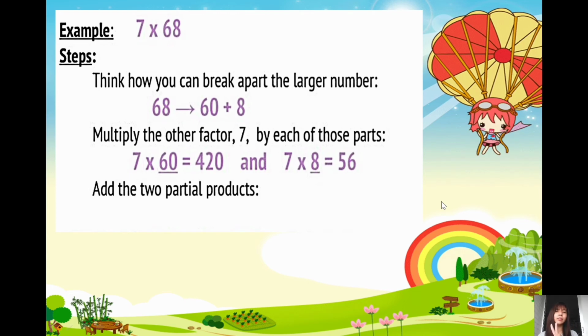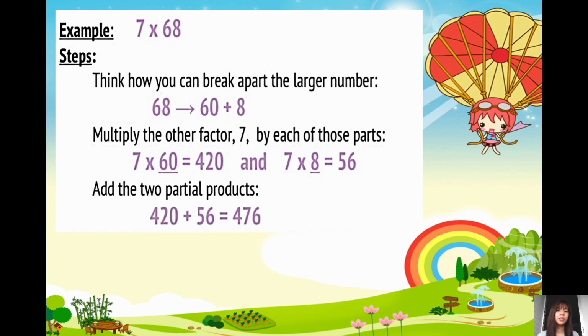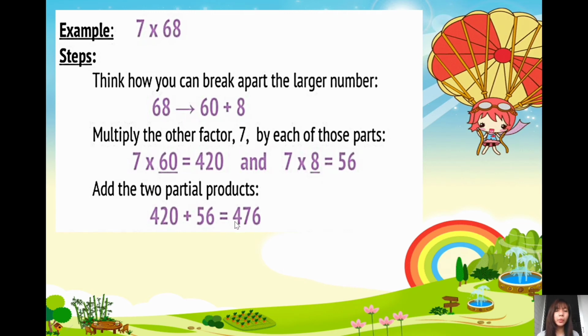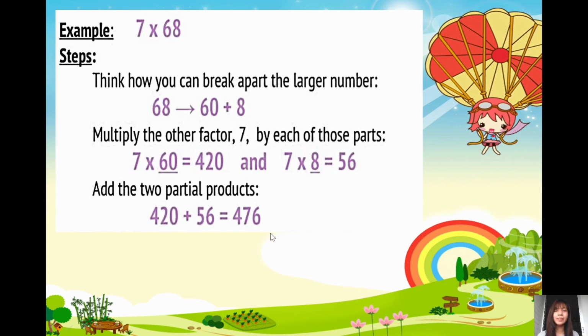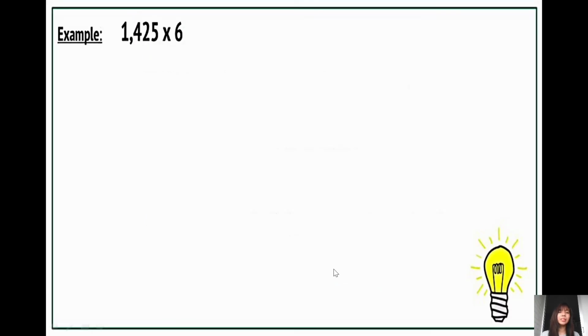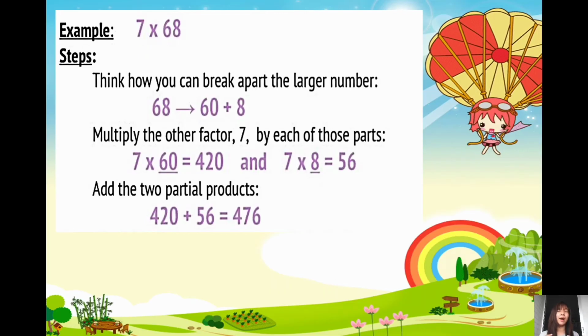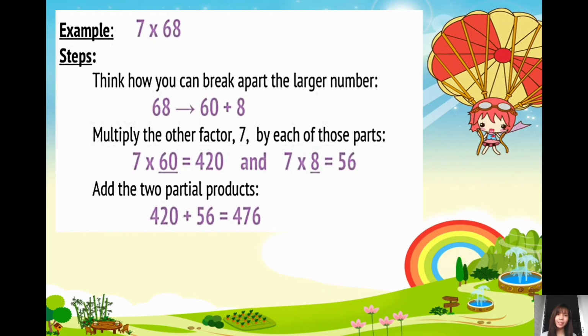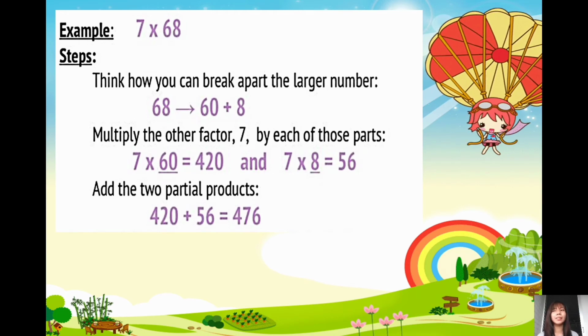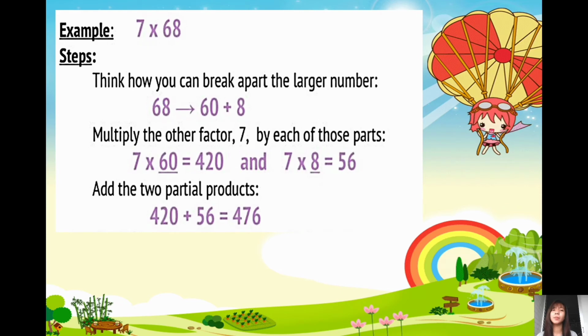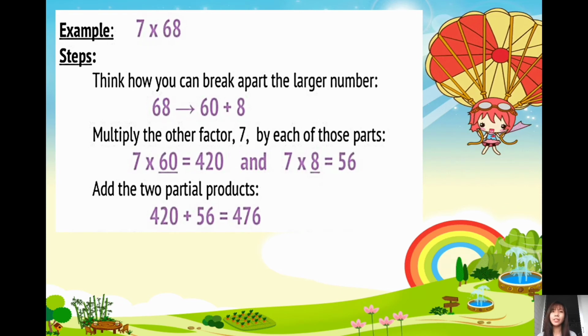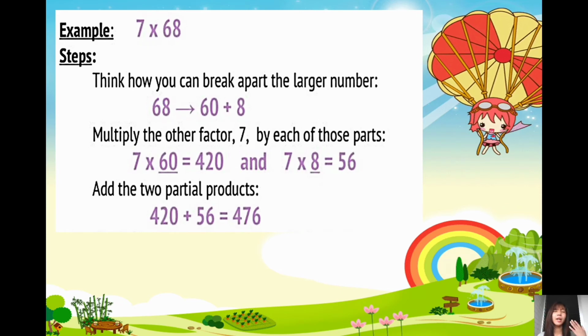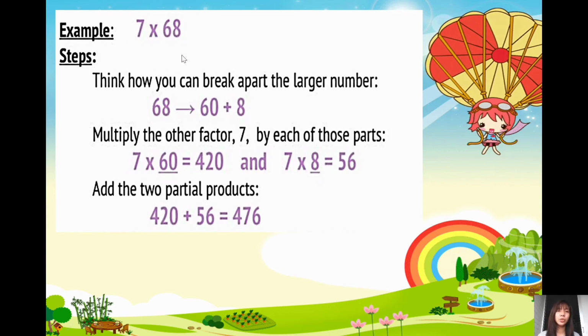Now add the two partial products. So 420 plus 56 equals 476. So this is another way on how you are going to multiply. So it's up to you. This is applying the properties of multiplication. You can use the properties of multiplication in getting the product of these two numbers.